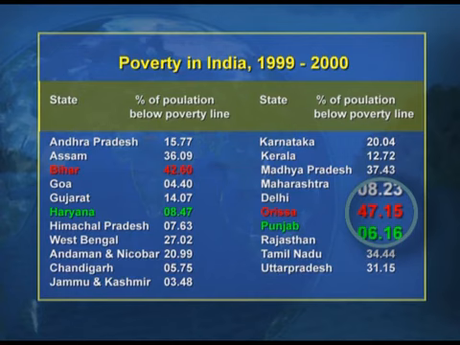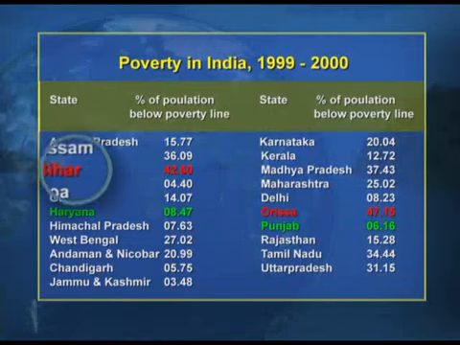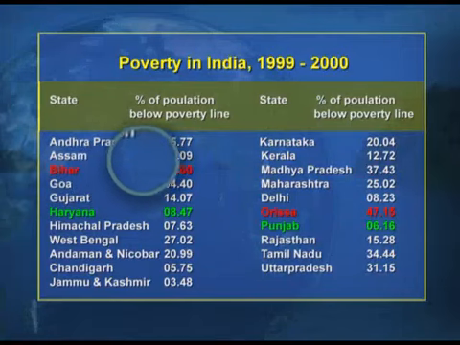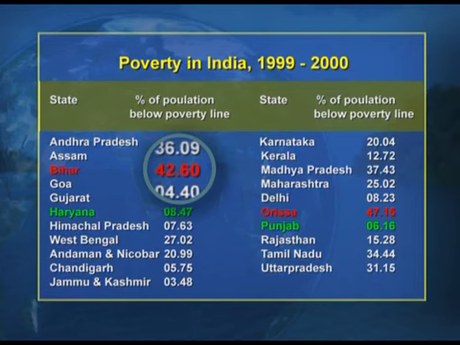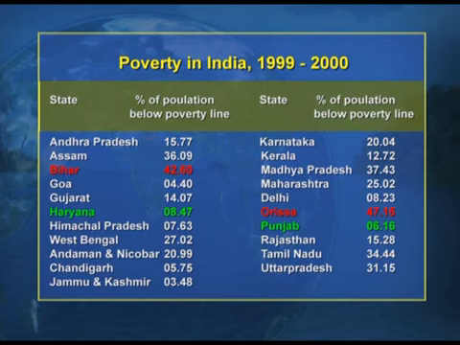Look at the table and you can view Odisha with 47.15% of the population below the poverty line, followed by the state of Bihar with 42.60% of the population below the poverty line. And you can have a visual of the other states with a different percentage of the population under the poverty line.